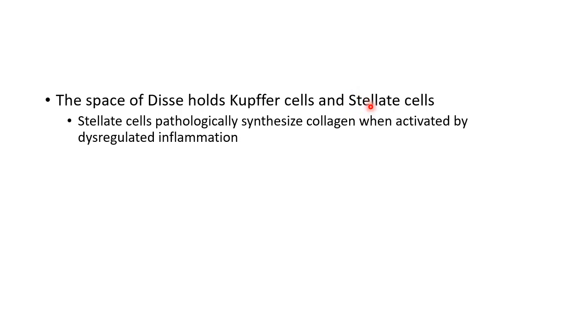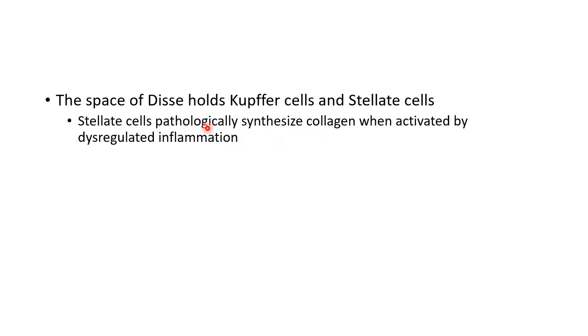So stellate cells, you can think of it as a fibroblast. It's a phagocytic cell, but at the same time, it also stores vitamin A, like Ito cells. It pathologically synthesizes collagen when it is activated by dysregulated inflammation.